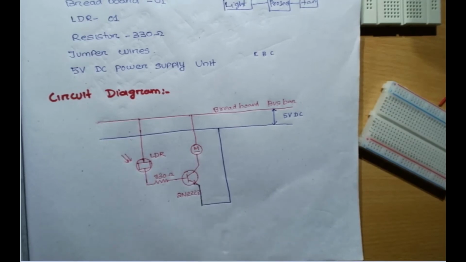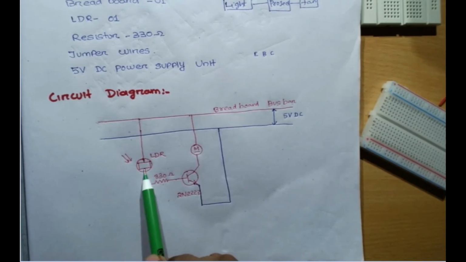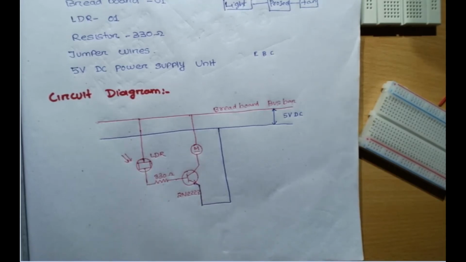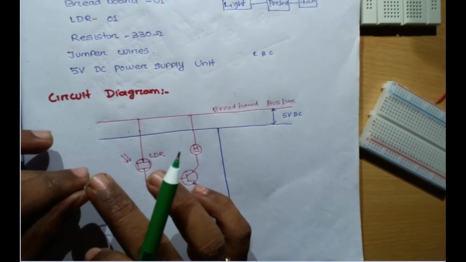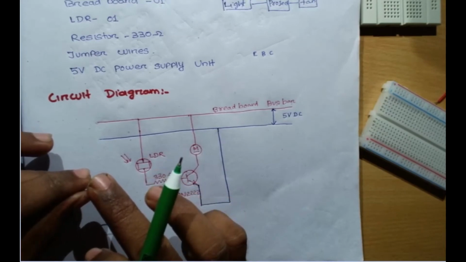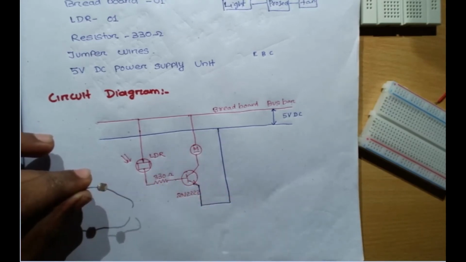As I have already told you, this LDR will offer a high resistance during the dark. It means when no light falls on this LDR, it will offer a high resistance. When light falls on it, it gives a low resistance.